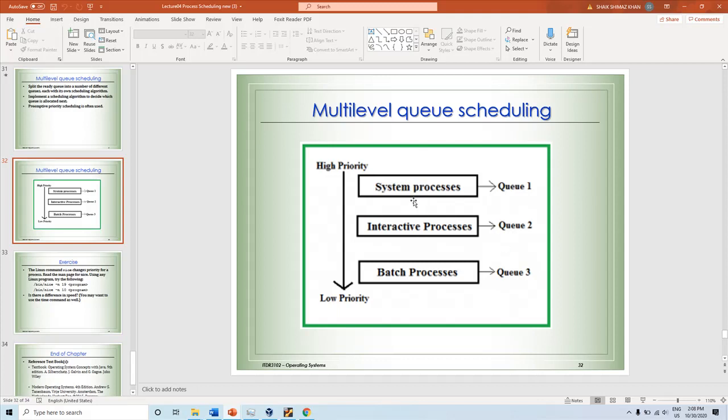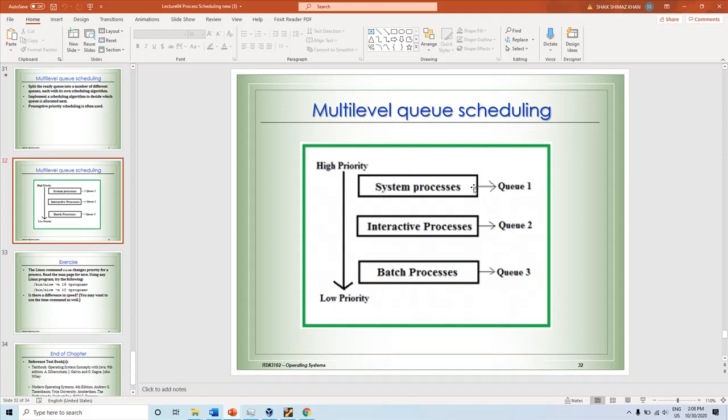Now one thing is: among these different queues, which process would get the CPU first? Among these different queues, the priority scheduling algorithm would be used. For example, the batch processes in this queue would have low priority.